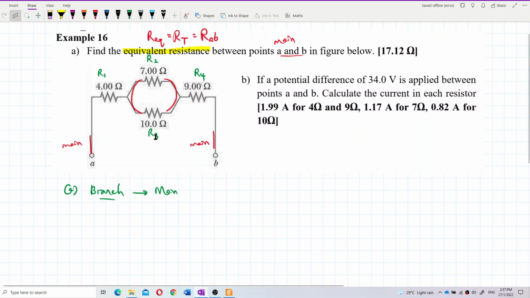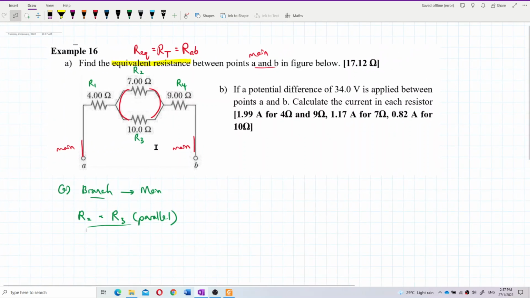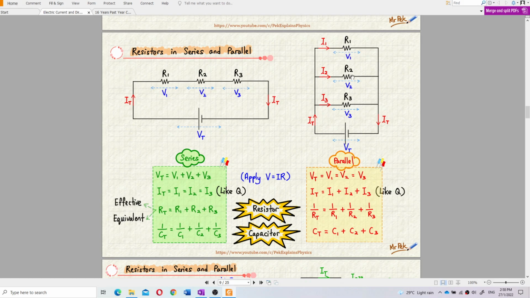Okay, so R2 and R3 should combine first. R2 and R3 are in parallel because they have 2 legs in connection. So how to total the resistance in parallel? We know that resistance in parallel becomes a smaller resistance.